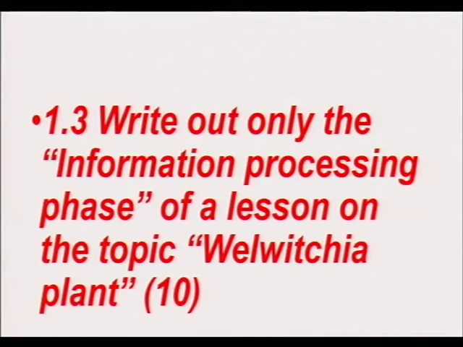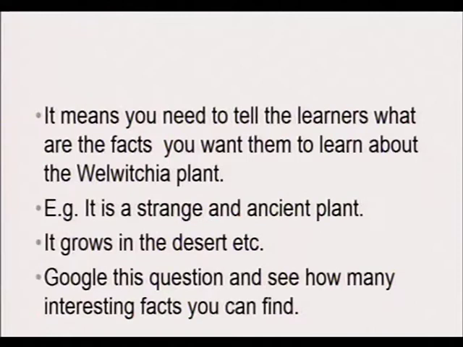Question 1.3. Write out only the information processing phase of a lesson on the topic Welwitschia plant, and that counts 10 marks. It means you need to tell the learners what are the facts that you want them to learn by heart about the Welwitschia plant.